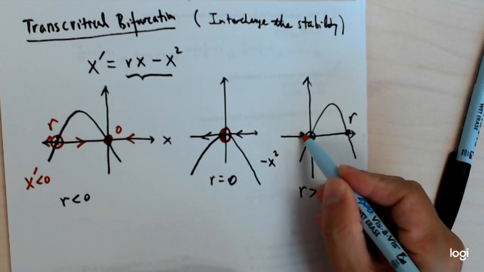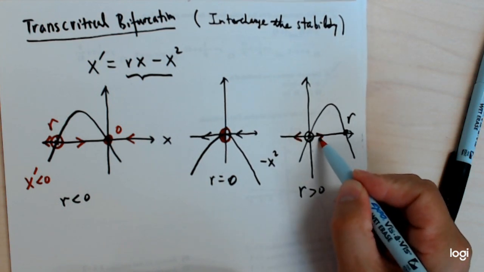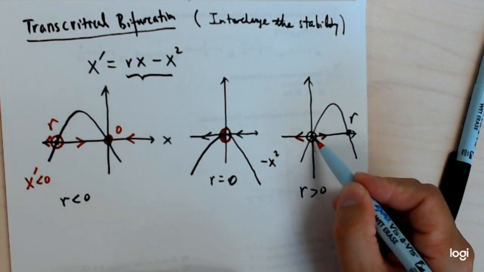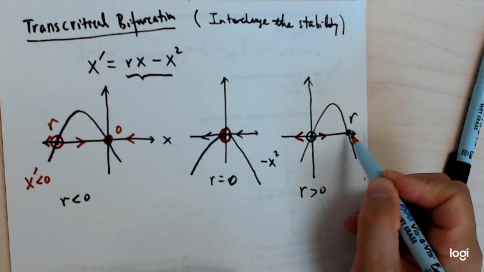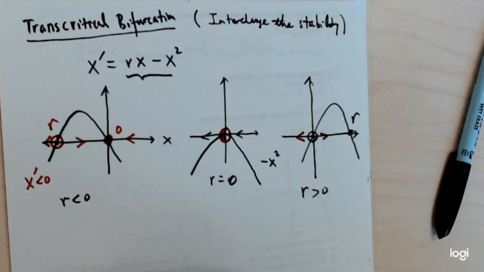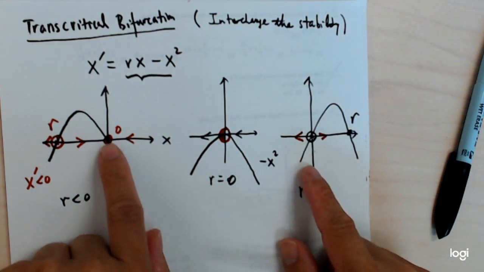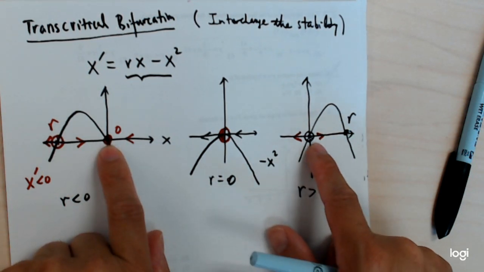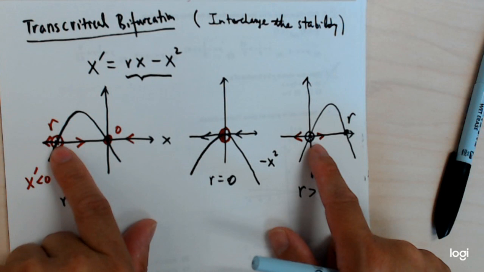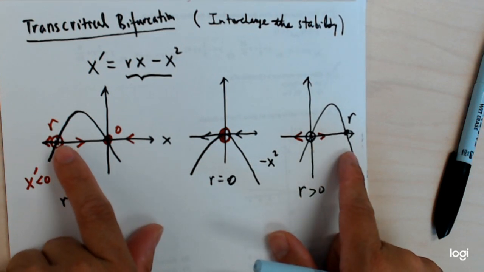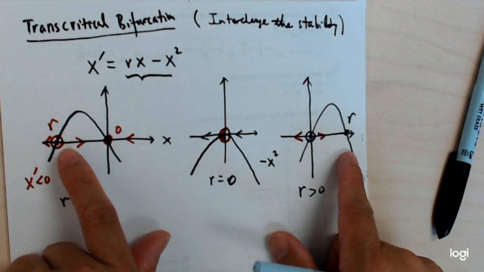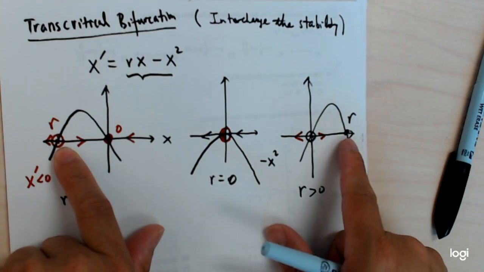This one is negative, pointing to the left. This is positive, pointing to the right. So 0 is unstable, and r here is stable. If you pay attention to what happens to the 0 here, 0 has changed from a stable equilibrium to unstable. Even though this one is negative, this one is positive, it is still r. This one has changed from unstable to stable.